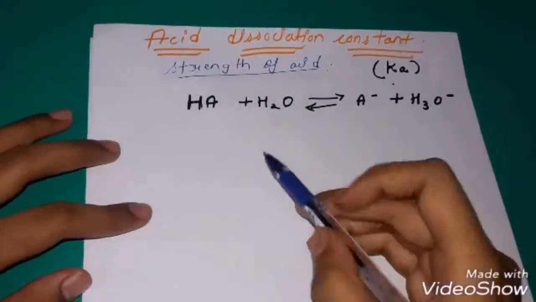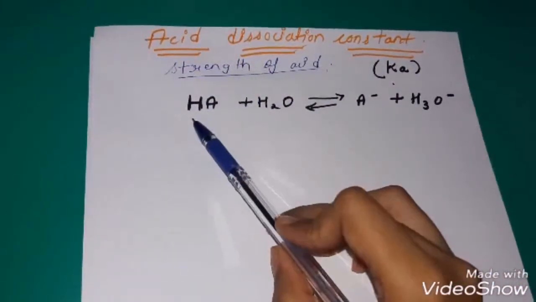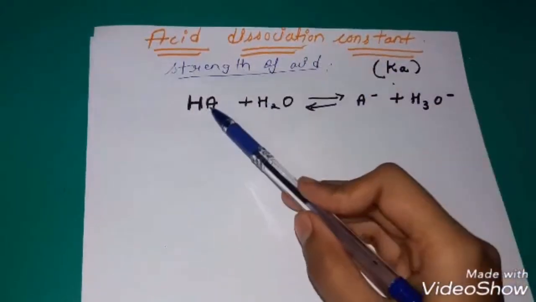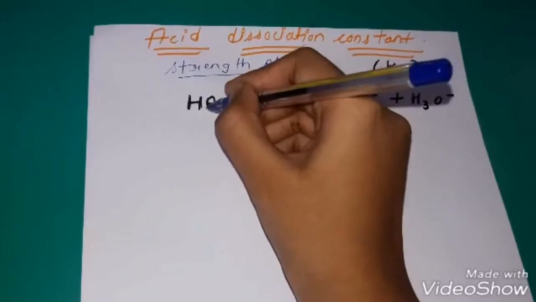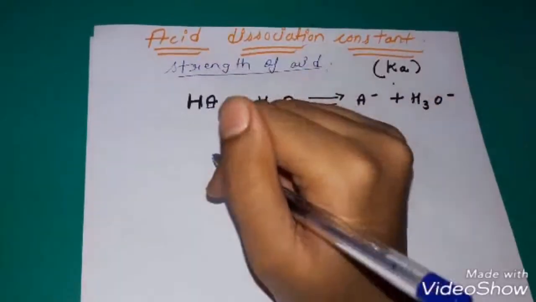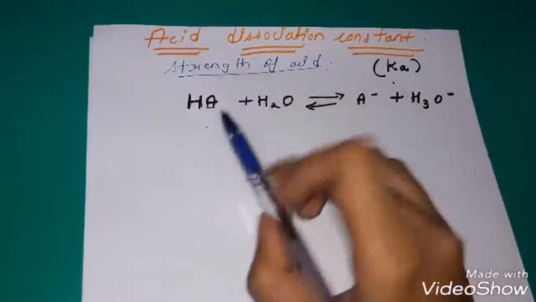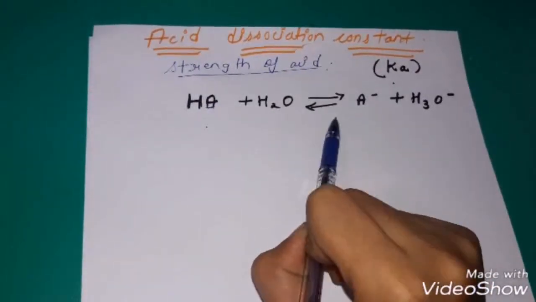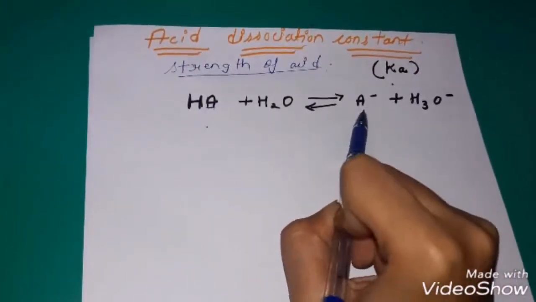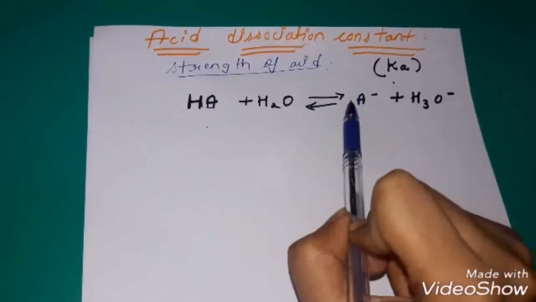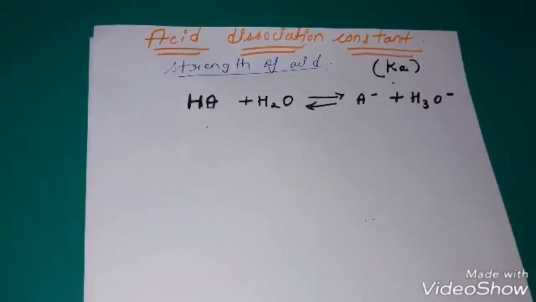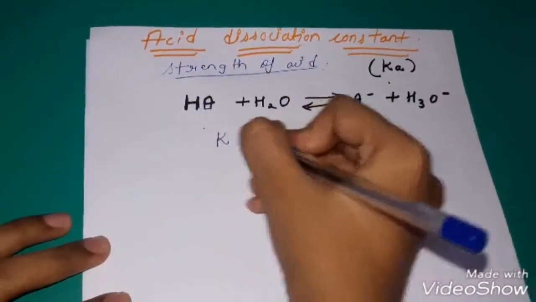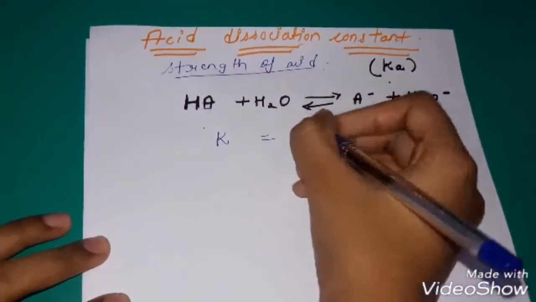So here is one equation. Here HA is a weak acid. This A is changeable, it can be any acid. After the reaction we get a conjugated base. So through this reaction we can find out Ka, which is the dissociation constant.